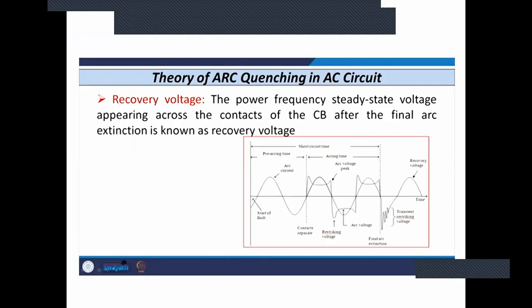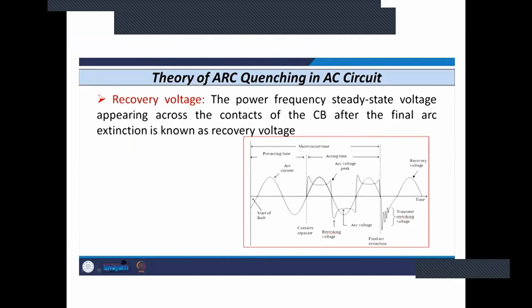I hope you will understand all these terms and the whole phenomena and mechanism of arc quenching in circuit breakers, and the fundamentals of the circuit breaker.